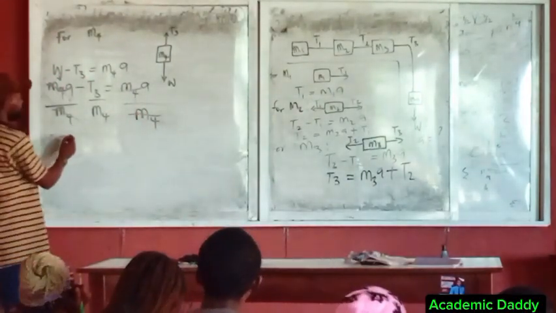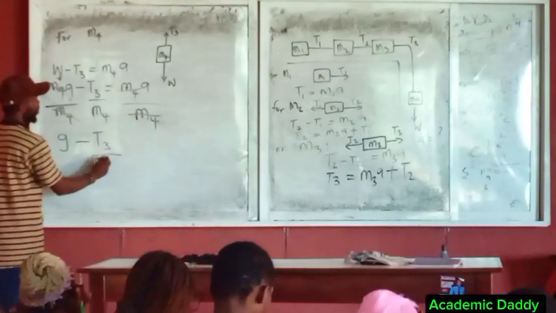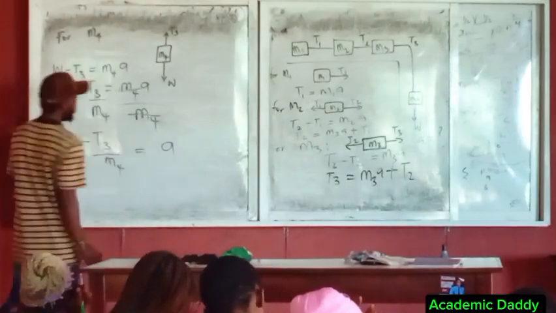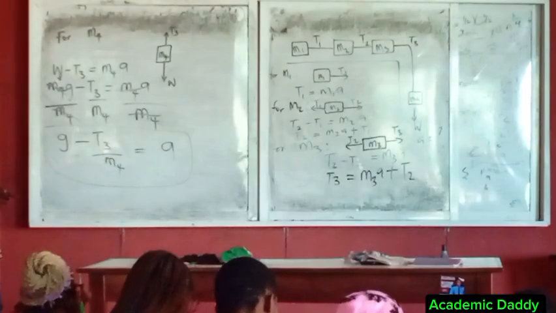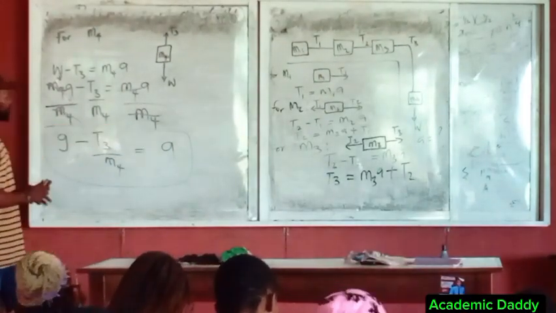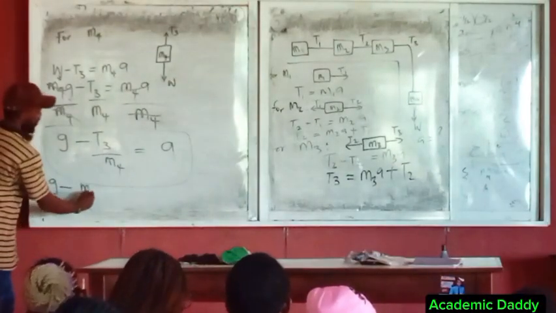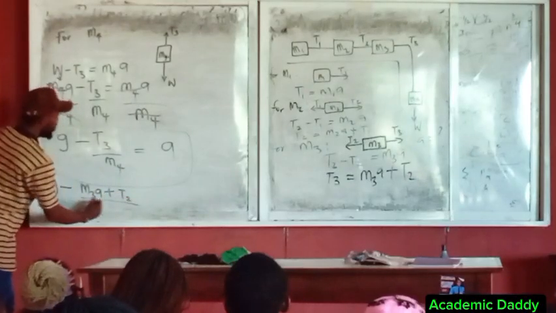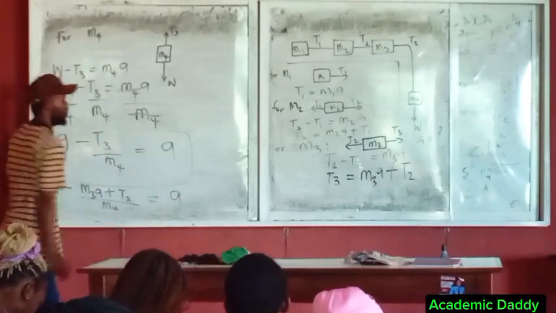So I have G minus T3 all over M4 equals A. Remember that T3 equals something, so I can still replace it. I can say G minus M3A plus T2, all divided by M4, equals A.